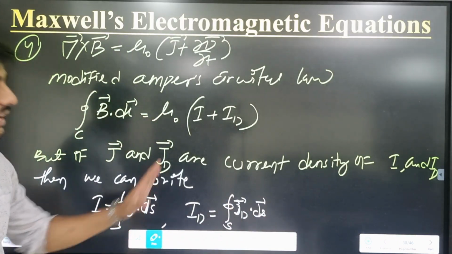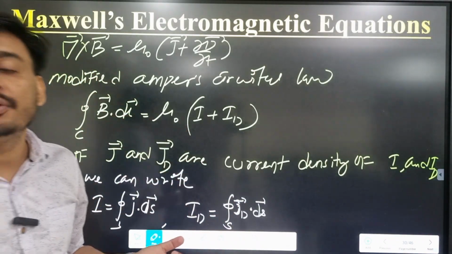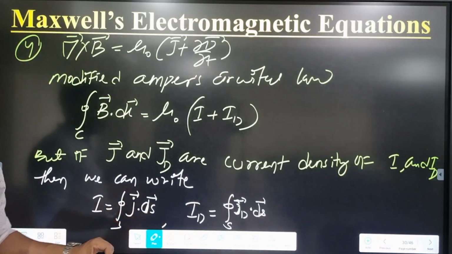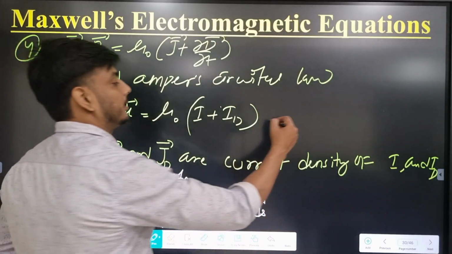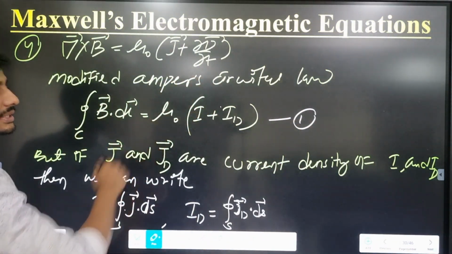J is current density, J_D is displacement current density, and current density is the amount of current flowing per unit area, and current is always the dot product of current density and area. We have to use I and I_D in equation 1, so the right hand side will be converted into a surface integral.